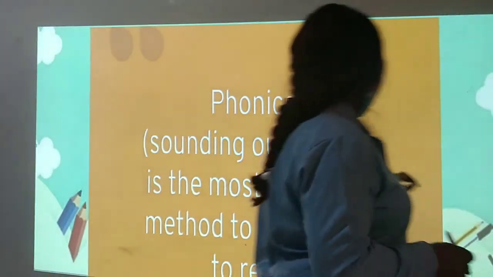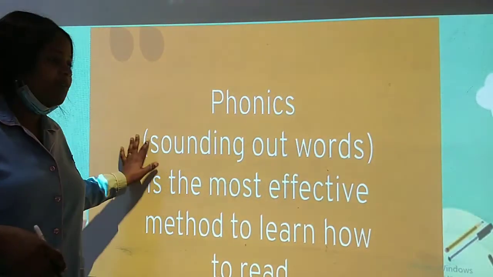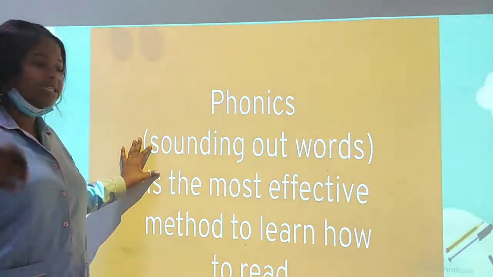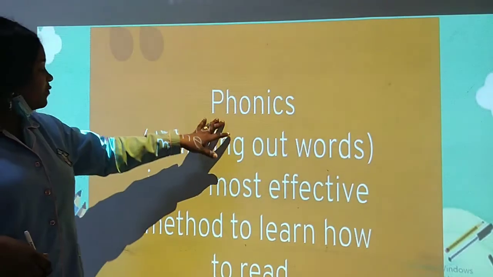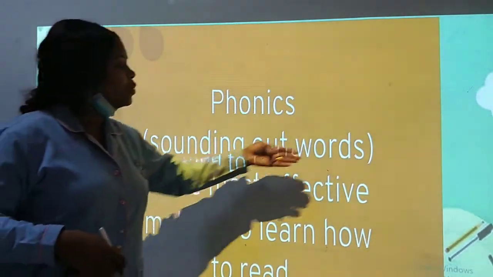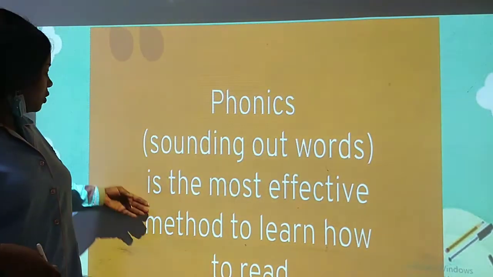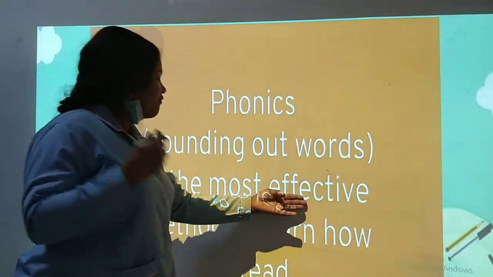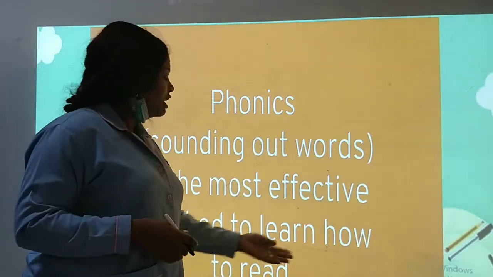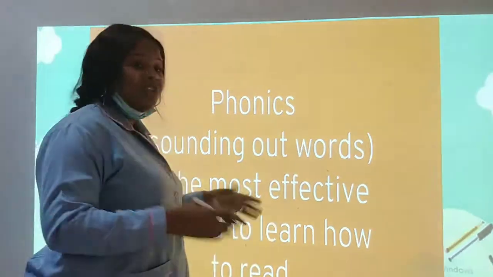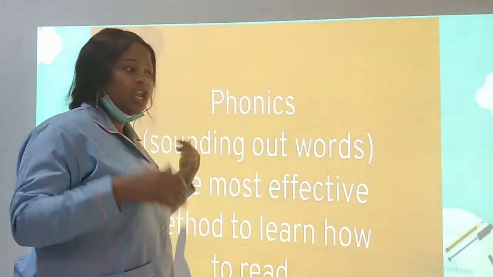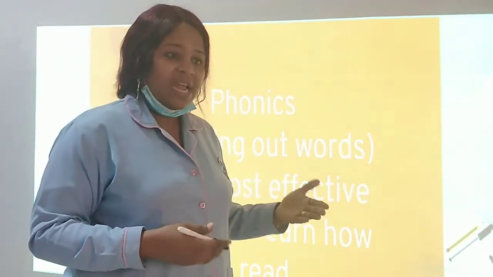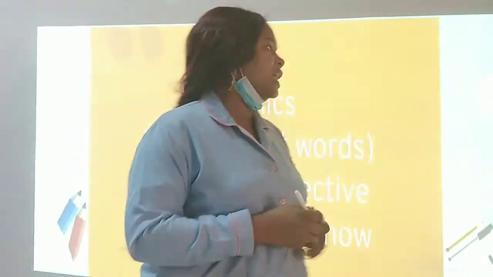Now this is another explanation about phonics because we want you to understand it very well. Phonics is sounding out words. Sounding out words is the most effective method to learn how to read. Like I said in the previous slide, when you know the letters, you'll be able to sound them.